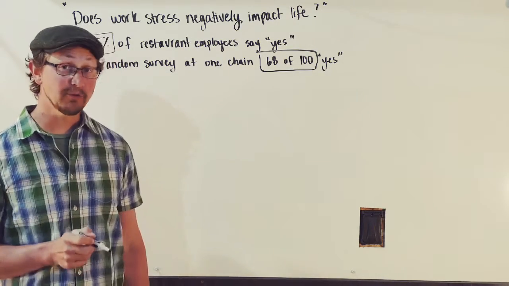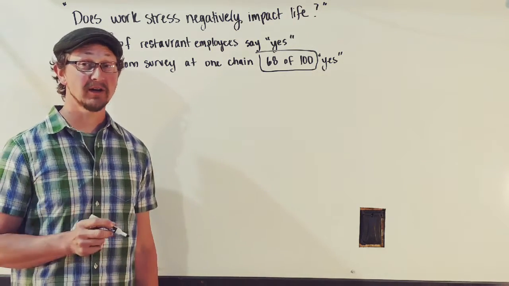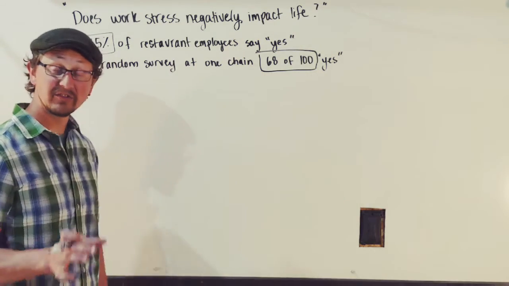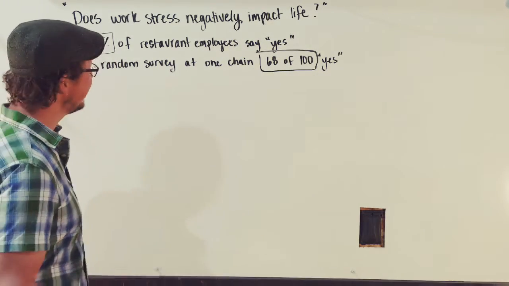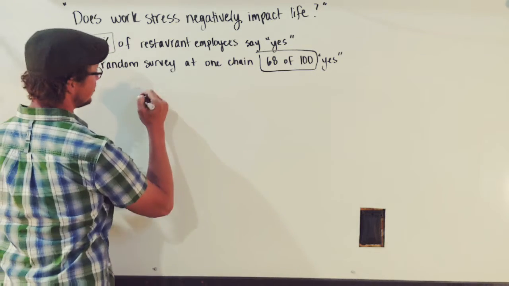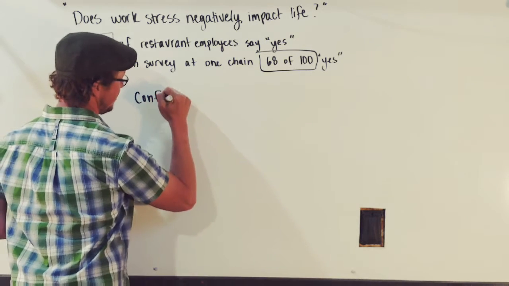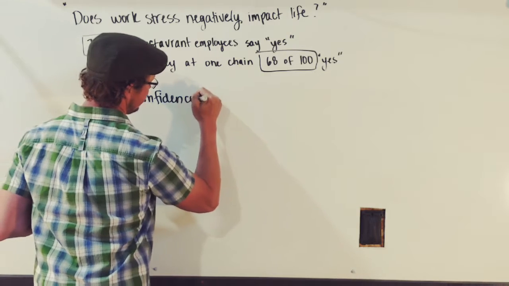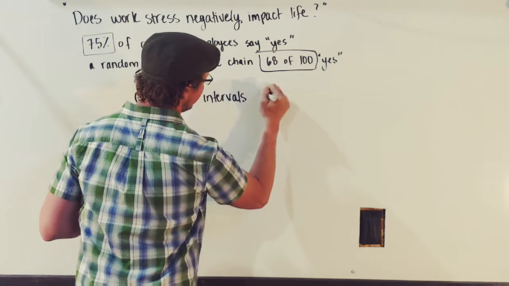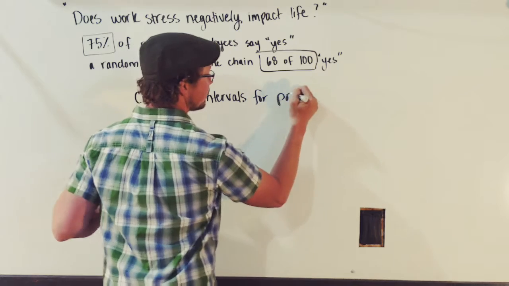Now we've done these before, back before we left school, but this is simply a reminder. We're going to skip steps 1 and 2 and jump straight into the calculations. So this is confidence intervals for proportions.